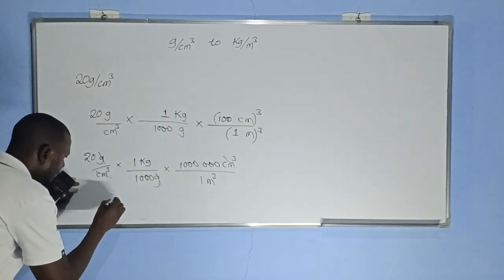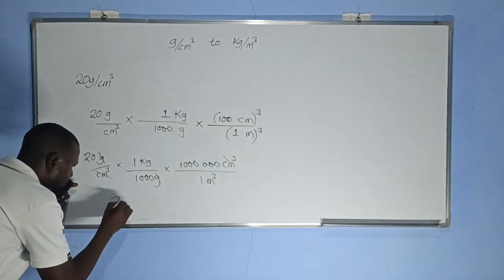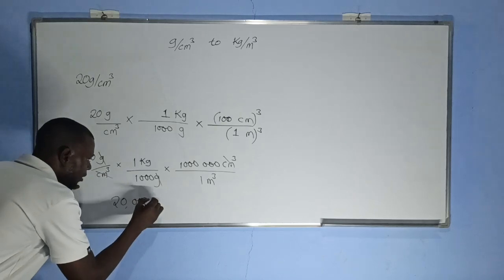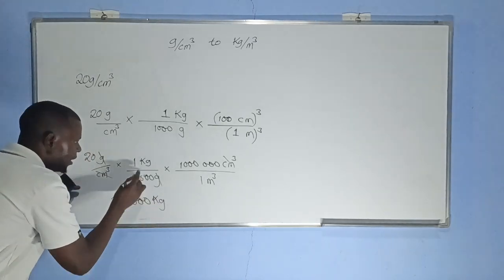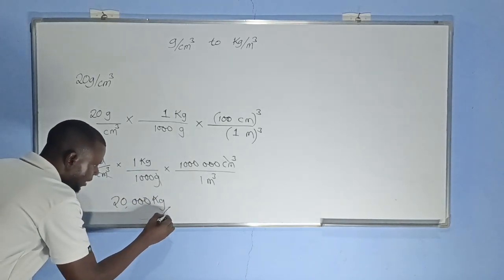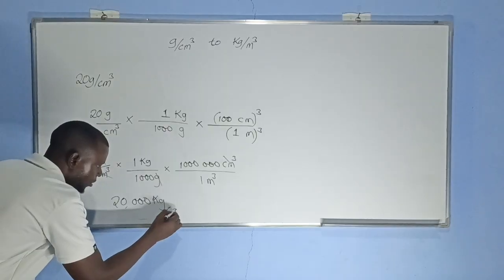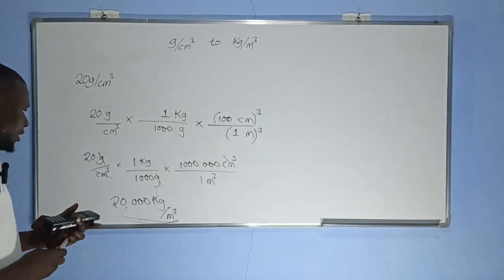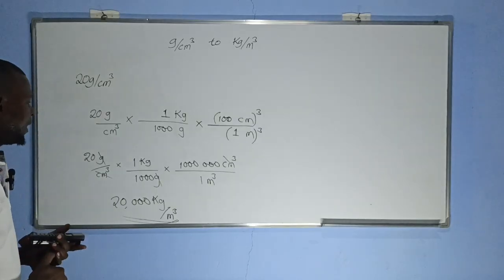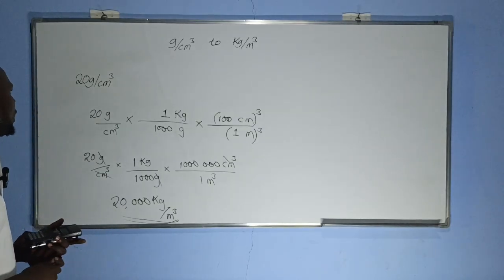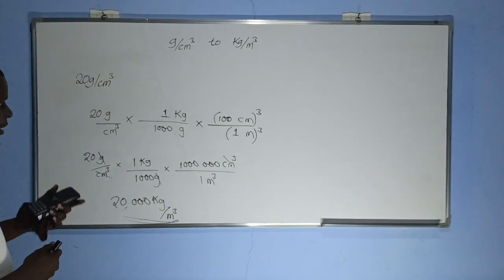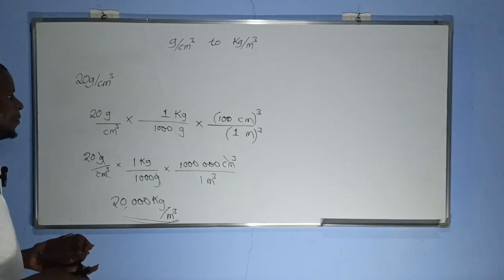This is giving me my final answer to be 20,000. The units remaining are kg per cubic meter. So this is my answer. So 20,000 kgs per cubic meter is equal to 20 grams per cubic centimeter. So this is how simple it is, and this is how you basically do it.